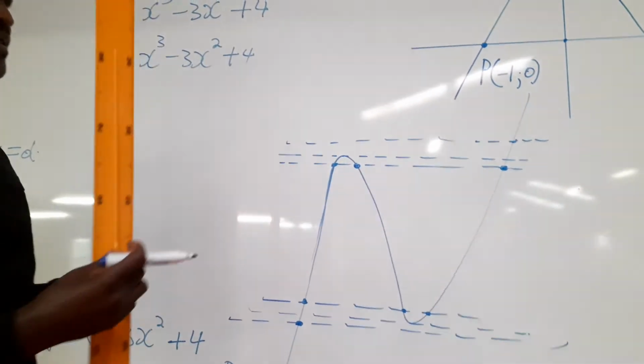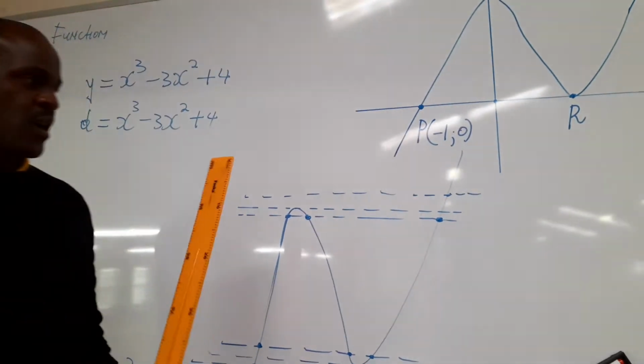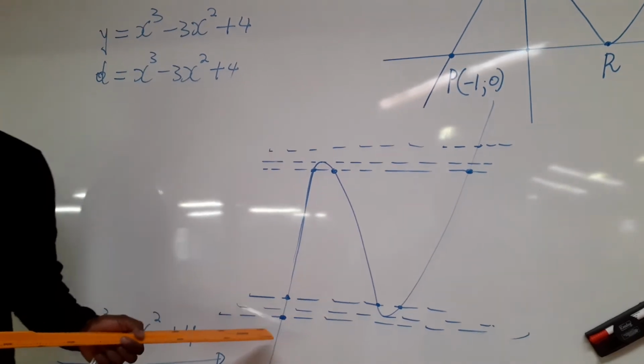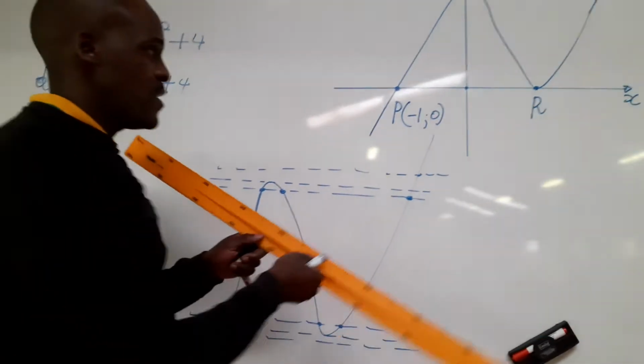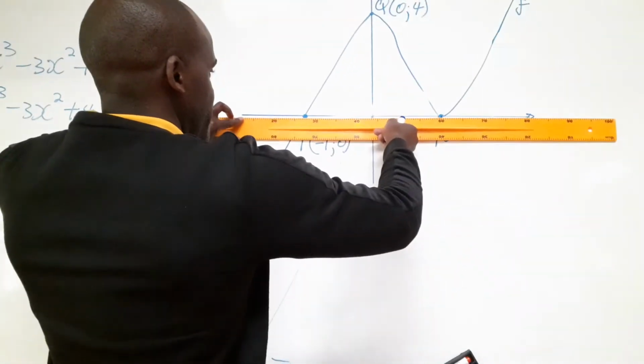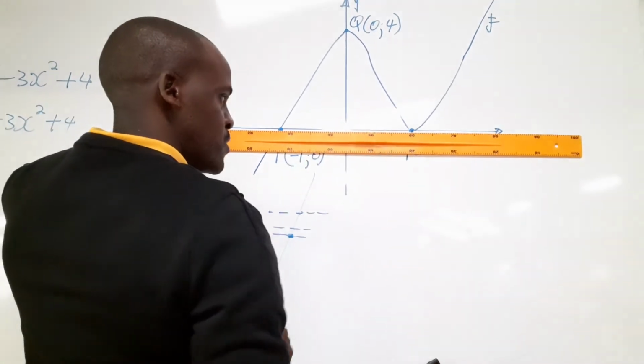Same thing to this graph, which means for you to check how many roots, you just have to use your ruler and check like that. Here we've got 2. It's 1, 2.